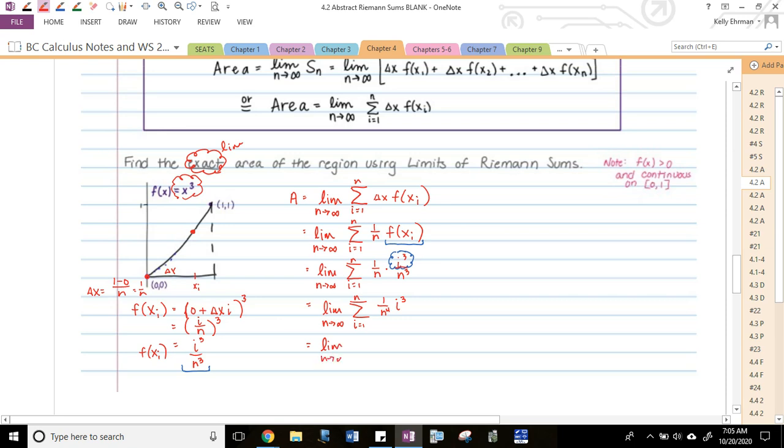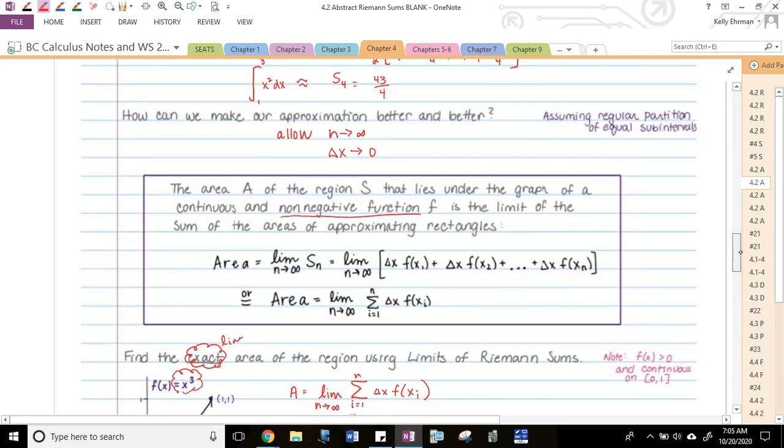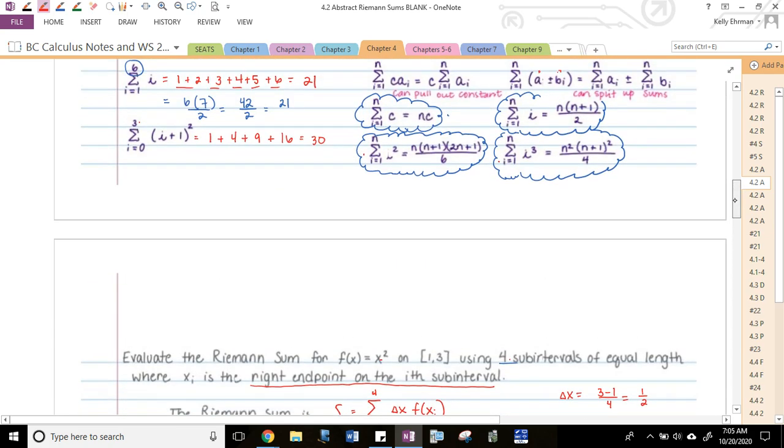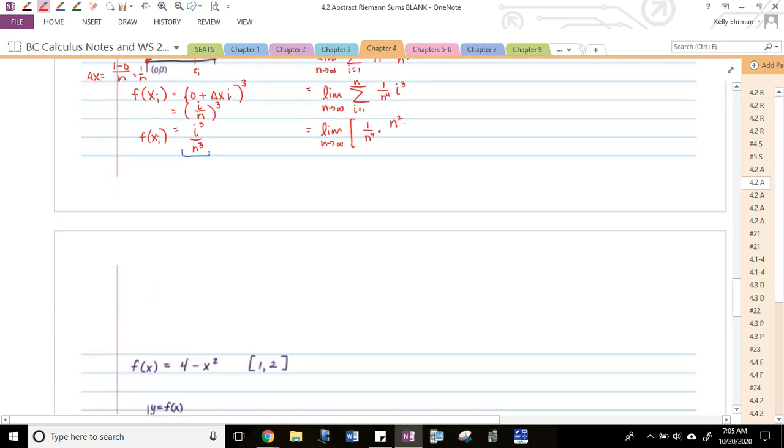Limit as n approaches infinity. We're dropping our summation notation of 1 over n to the fourth times the sum from 1 to n of i to the third, which is equal to n squared, I believe it was. I have to go back and look. N squared times n plus 1 squared over 4.